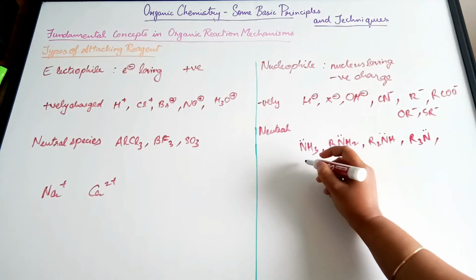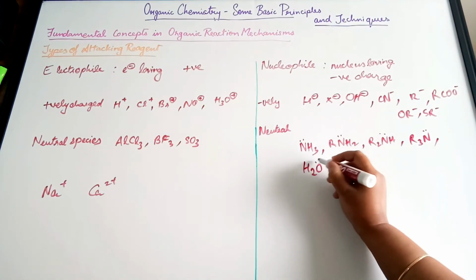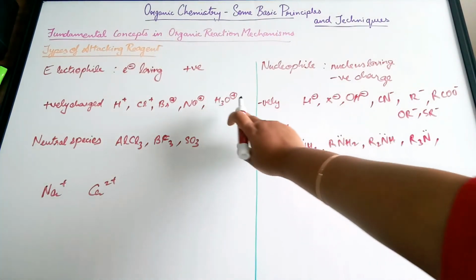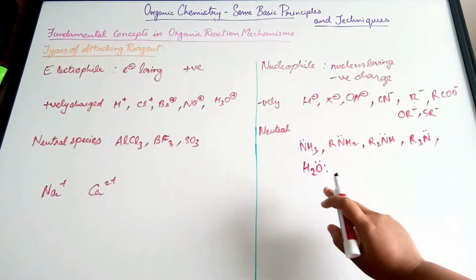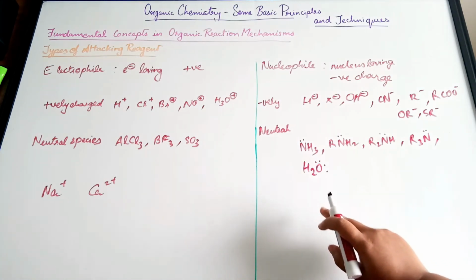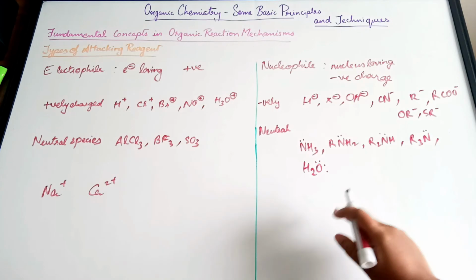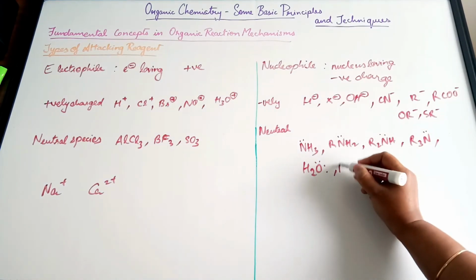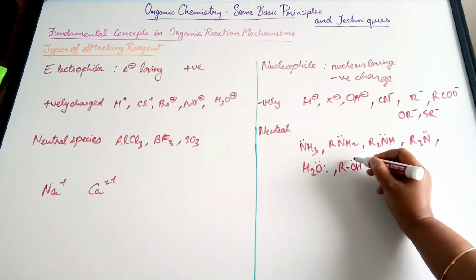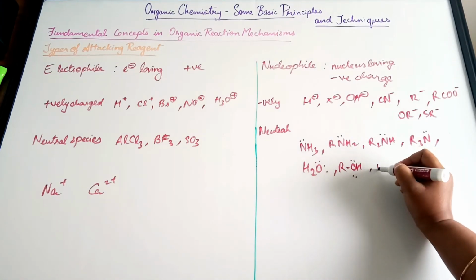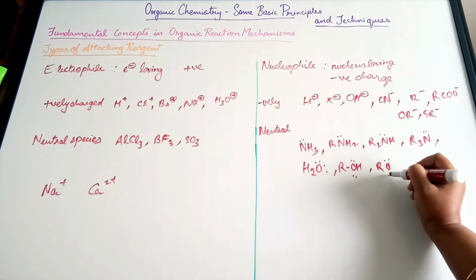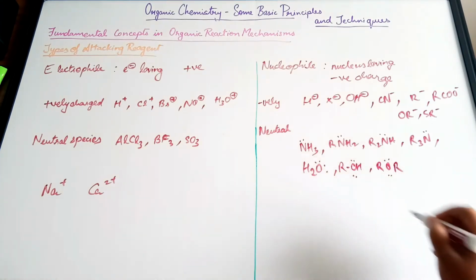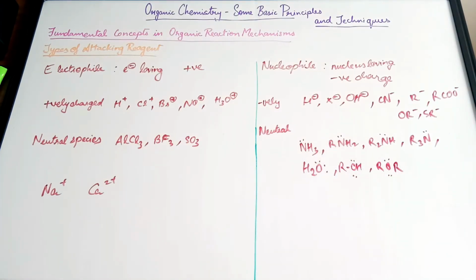Again you have H2O. Here we had hydronium ion, H3O plus, and here we have H2O, and this is acting as the nucleophile. Then you have ROH and ROR. So alcohols and ethers, all of these are acting as nucleophiles.